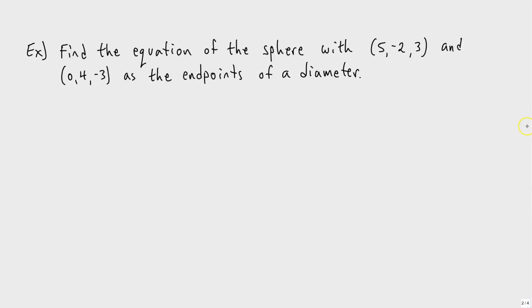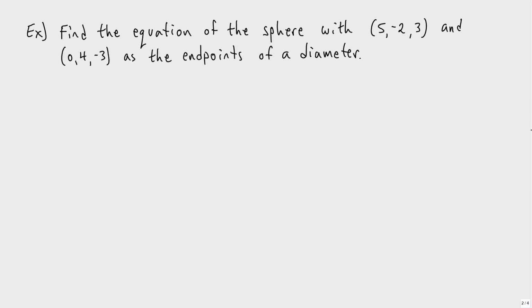Okay, so just to work a little bit with that, let's find the equation of the sphere that has (5, -2, 3) and (0, 4, -3) as the endpoints of one of its diameters. So the diameter is the line segment that contains the center, and the center would be the midpoint of that segment.